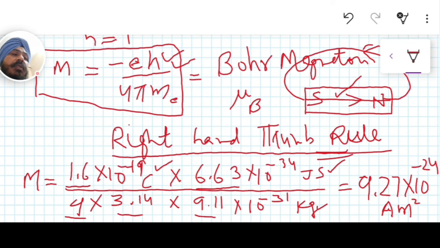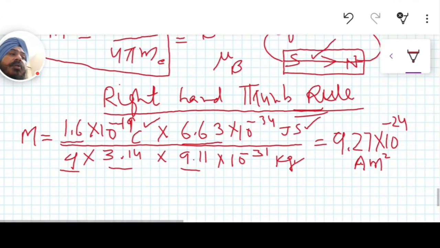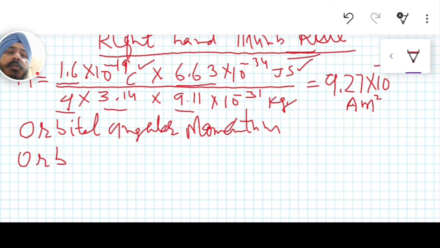This is the magnetic dipole moment of the electron revolving around its nucleus in the first orbit of the hydrogen atom. Thereby we can conclude that whenever an electron is revolving around the nucleus, it exhibits orbital magnetic moment.